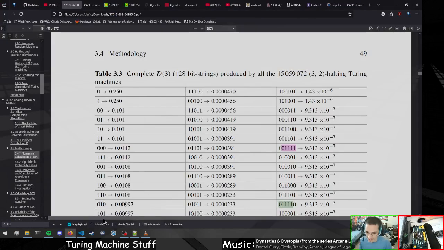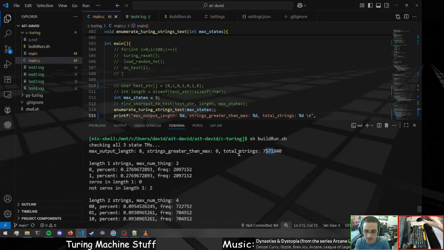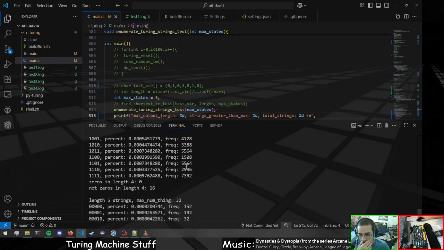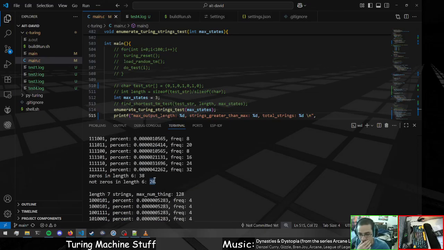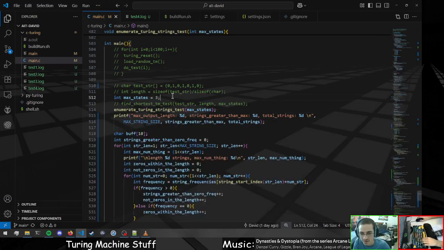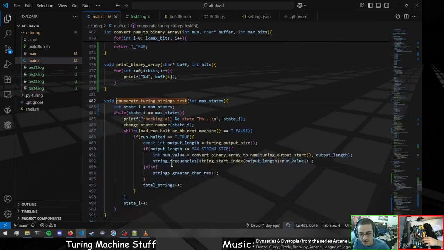Wait a minute. The number they got divided by 2 is this number. So I'm literally just going over half the strings. That's why some of the frequencies are off. That's why in length 7 I'm missing half of them, and here I'm missing half of them as well. Oh my god. What is actually happening?